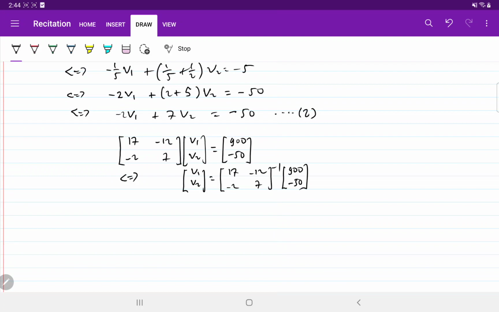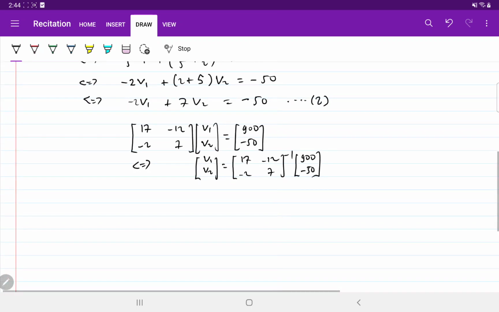You can also use Gauss elimination, so you reduce it to make a bunch of zeros here, so you can get V2 directly, and then once you know V2 you can compute V1. That's another method, but this method is more intuitive, right?